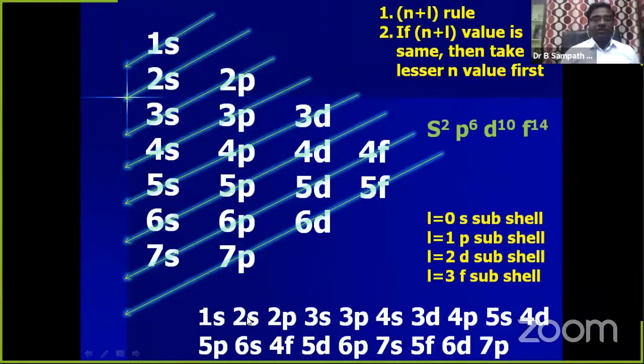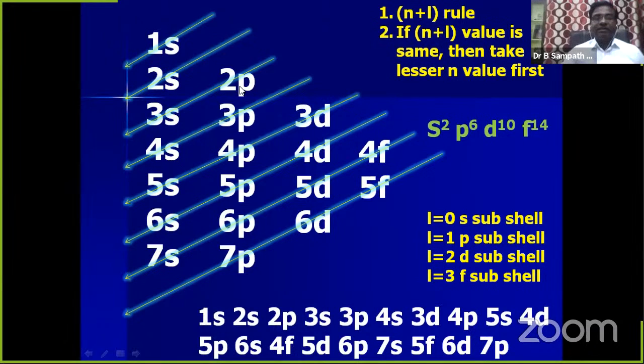This increasing order of orbitals is arranged on the basis of the n plus l rule, which means the orbital with a lower n plus l value has less energy, and the one with a higher n plus l value has more energy. For example, take the 2s and 2p orbitals.